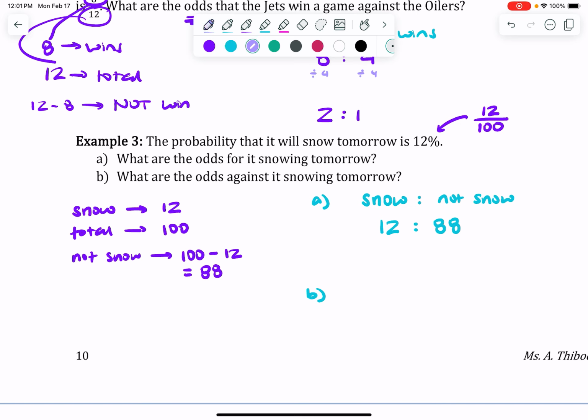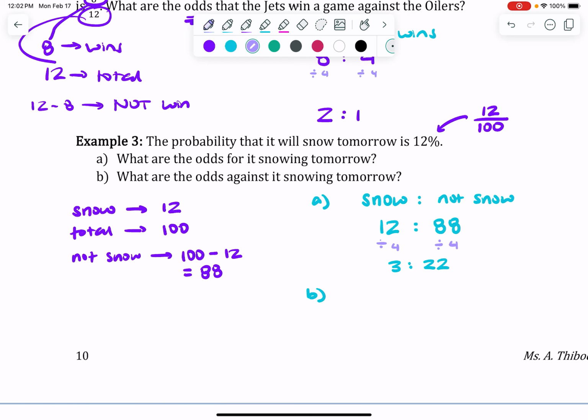Now I can reduce this, right? And just like fractions, if you don't reduce it by the largest common factor at first, that's okay, you can just keep going. But I can immediately see that they're both divisible by 4. So I can say that's 3 to 22. And 3 and 22 can't be reduced further, so lovely.